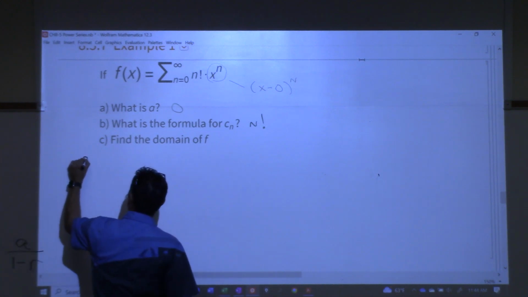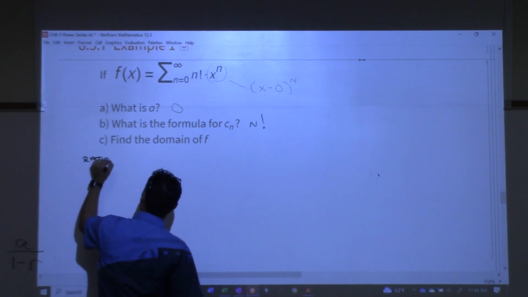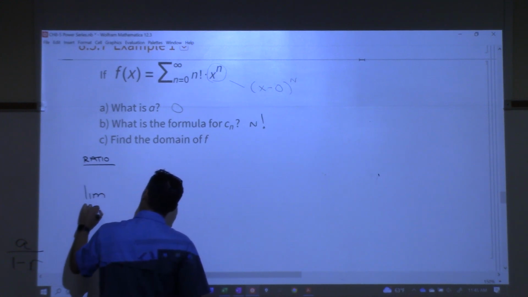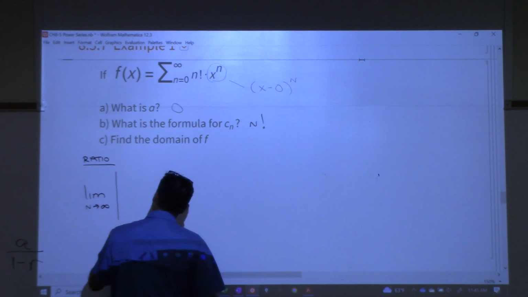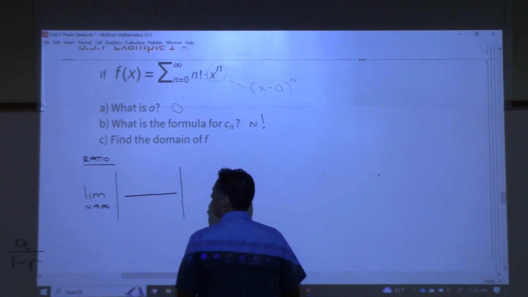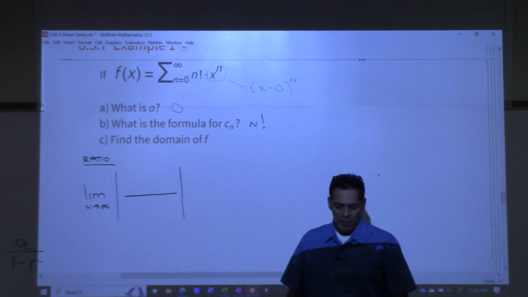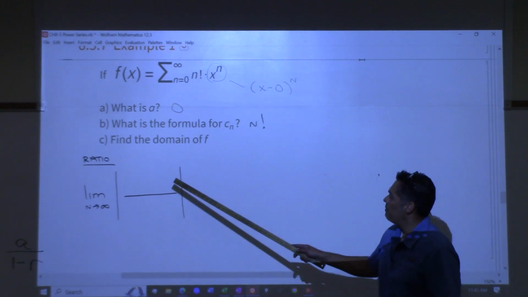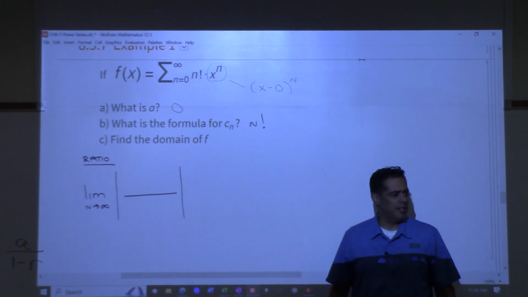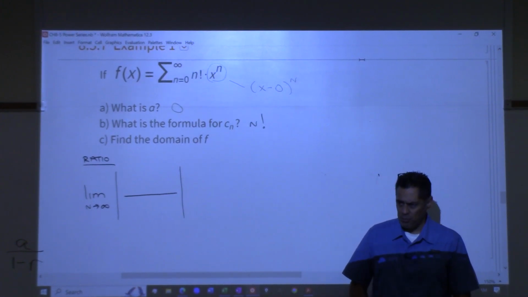So ratio test. I want to take the limit as n goes to infinity of the absolute value. And then the way the ratio test works is that you're going to do a ratio, right? The top of the ratio is this formula, everything here, with what plugged in for n? N plus 1.